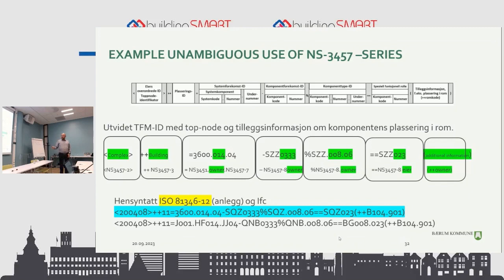Building 11, ventilation system number 14, buffer number 333, buffer type number 8, subgroup 6, and this is for special functional. So in this example, I have a buffer that's going to react on the fire alarm. We use the same syntaxes as in ISO 81346, so we can also map that way.